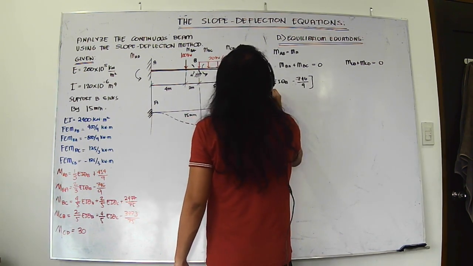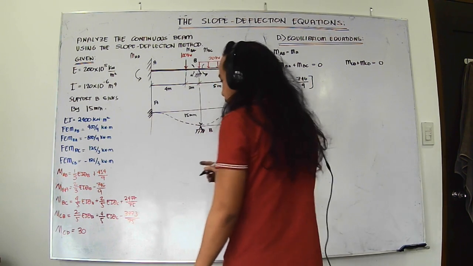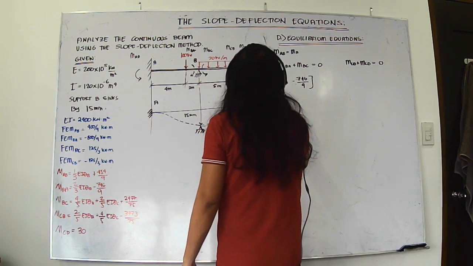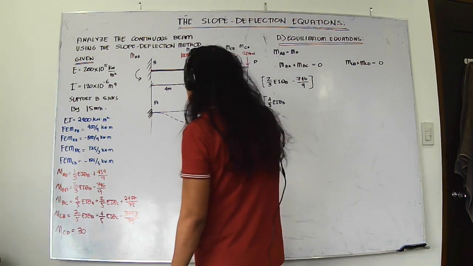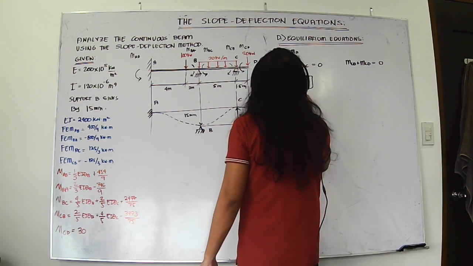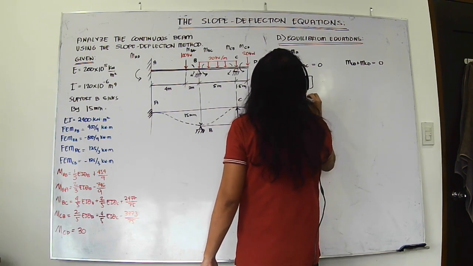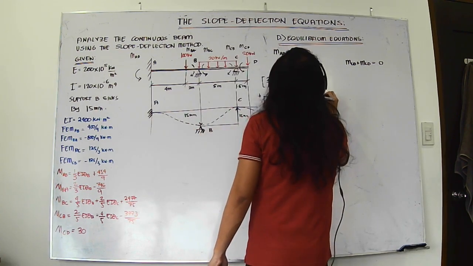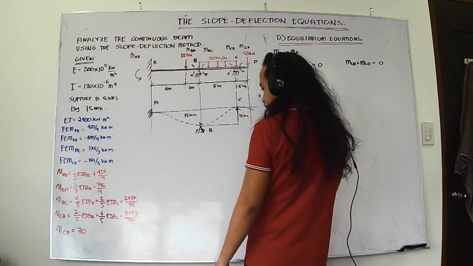Plus MBC, which is 4/5 EI theta B plus 2/5 EI theta C, plus 2477 over 75.